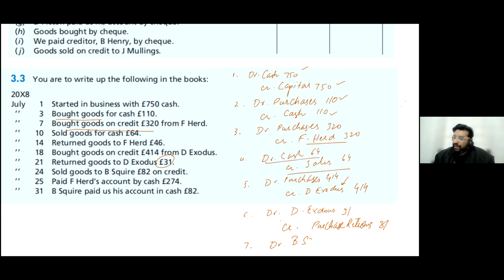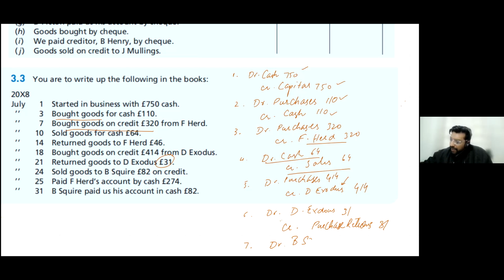Okay. Return goods to F Heard. Now, we bought the goods from F Heard, and now we return some of the goods to him. It means our stock is decreasing. When our stock is decreasing, we are going to credit our return outwards, which is our purchase return, and we are going to debit F Heard because F Heard is no more a liability for at least that 46.